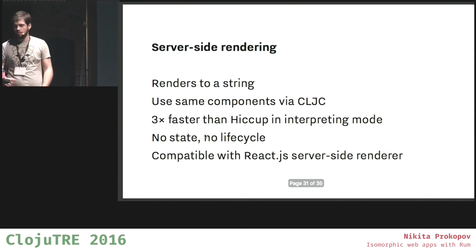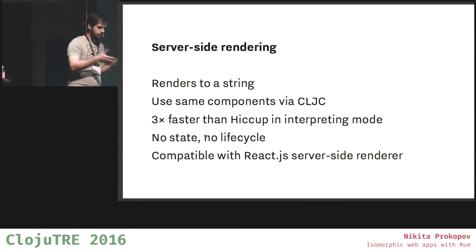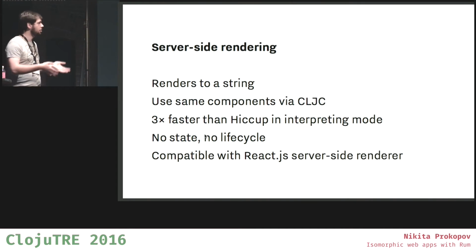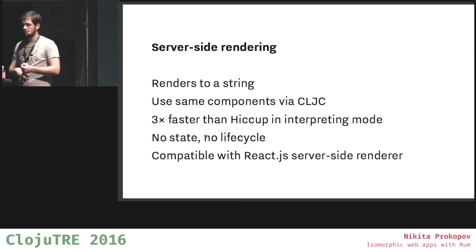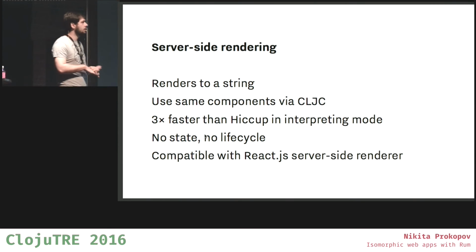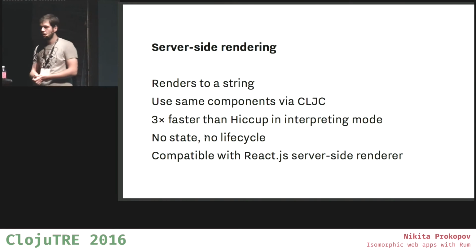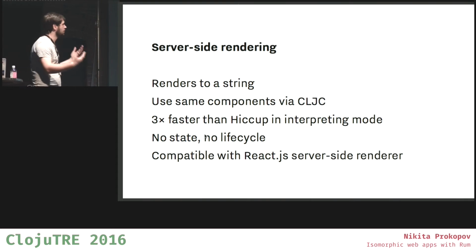And this is hugely beneficial for ClojureScript and Clojure applications because usually when you're using ClojureScript, you probably will be using Clojure on a server. Clojure runs on the JVM. There is no JavaScript context to evaluate the React.js server renderer, for example. So if you can render the same components on a server using pure Clojure code, it's a much simpler setup than bringing up Node.js or something.